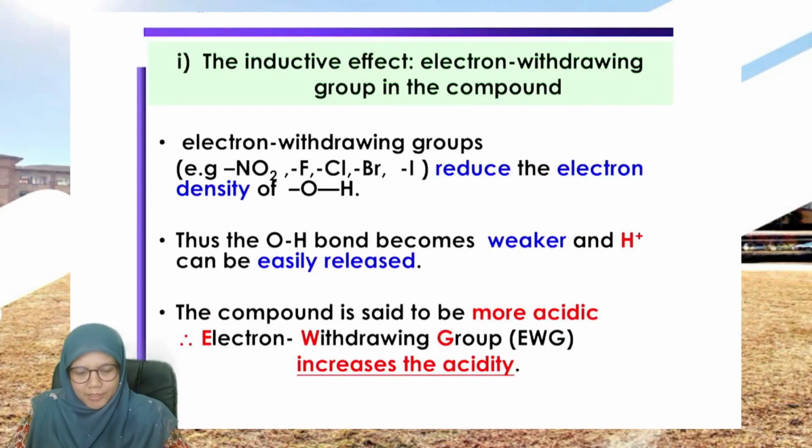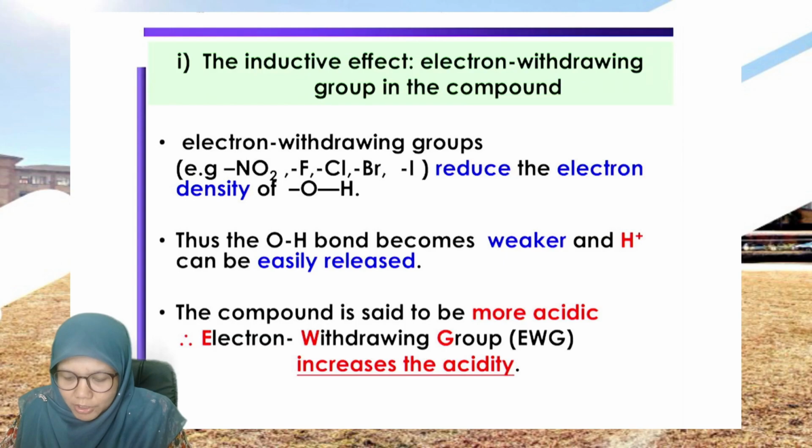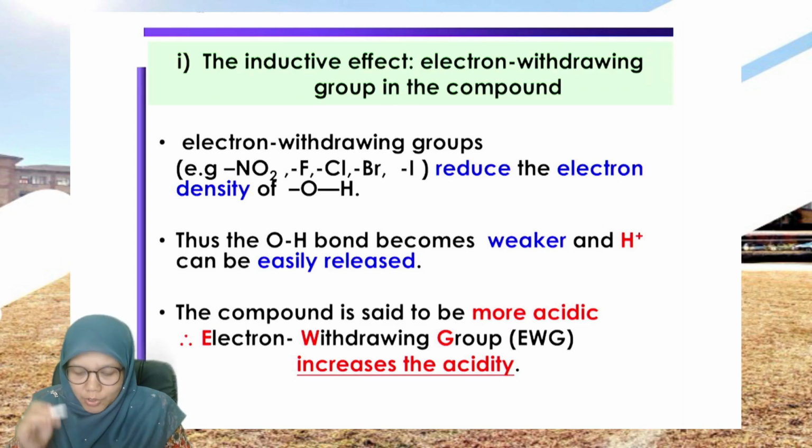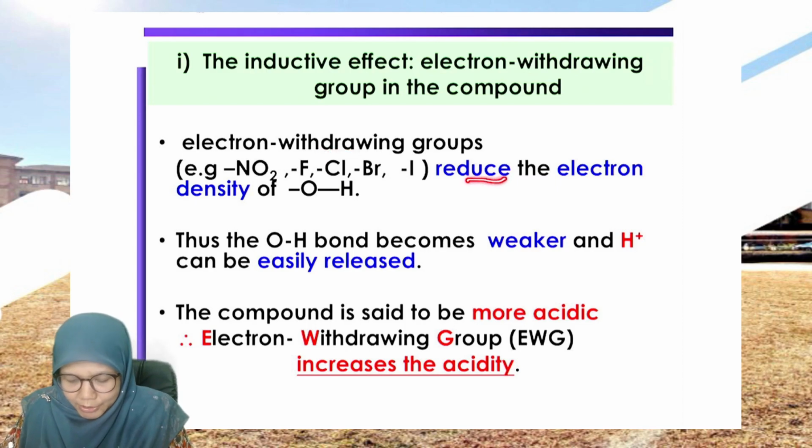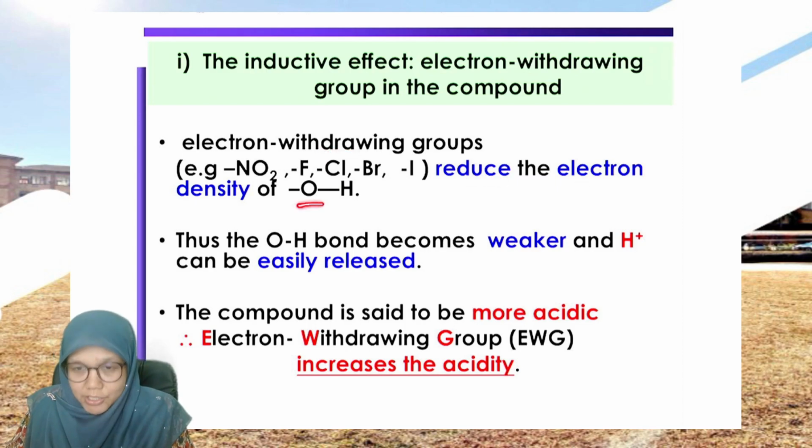Alright. The inductive effect, electron withdrawing group in the compound. Siapa itu electron withdrawing group? Contoh adalah nitro ataupun halogen seperti fluorine, chlorine, bromine, iodine. Semua EWG group ni will reduce the electron density of OH.